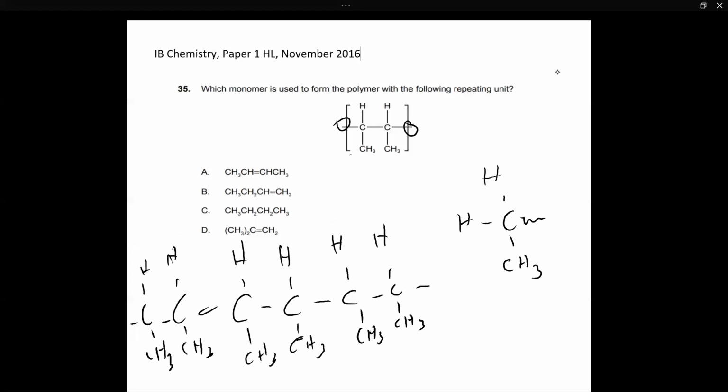This is an unstable substance as it is, because the central carbon over here has one free electron. So it's not stable. This is not what is being polymerized. It's actually this that is being polymerized, and this is then broken.